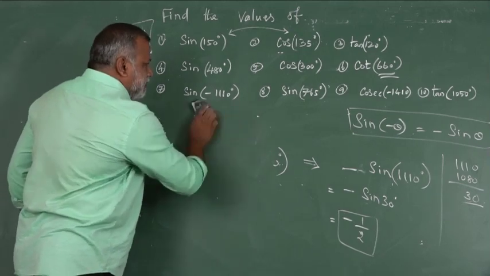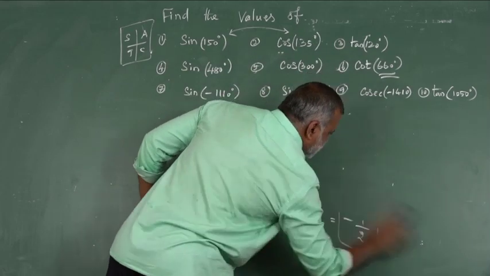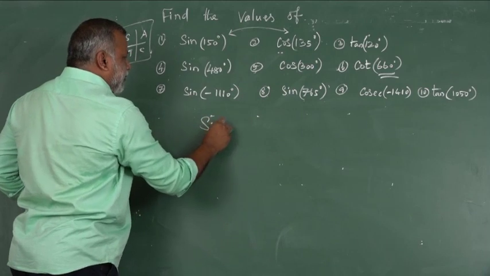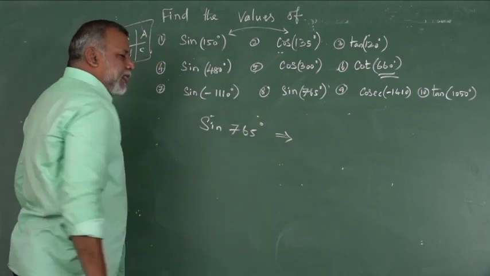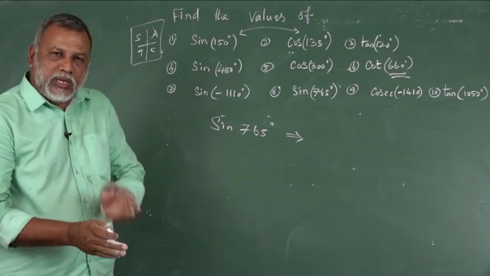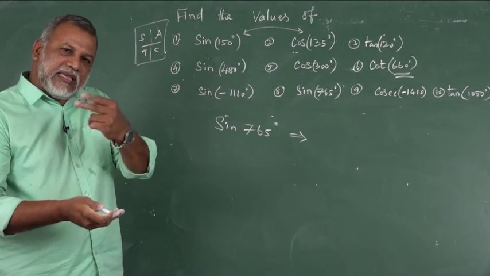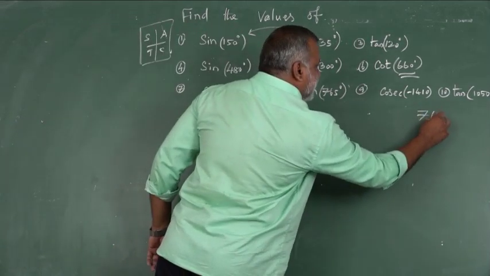In the same way, see here, sine of 765. 765 has 2 complete rotations. One rotation is 360. Two rotations means 720 degree we are able to remove from this 765.